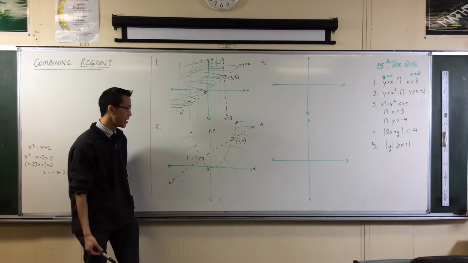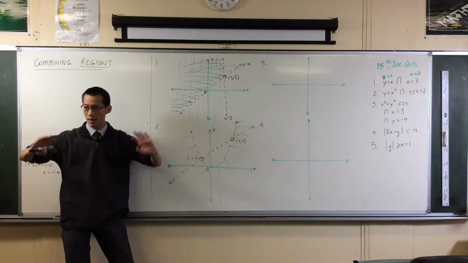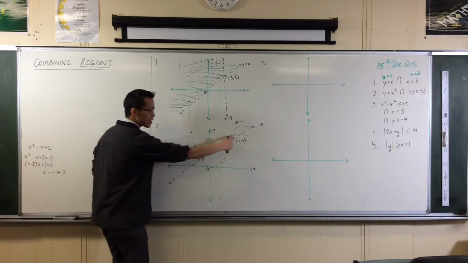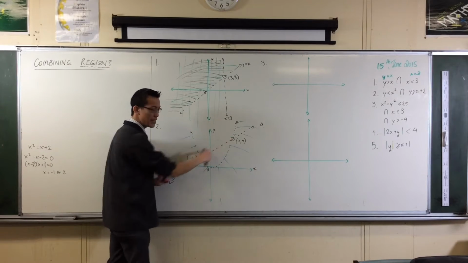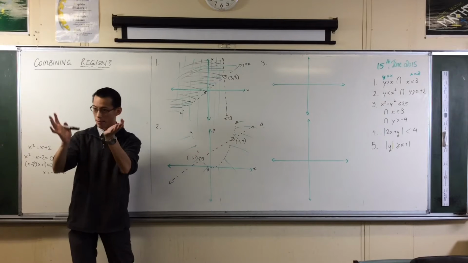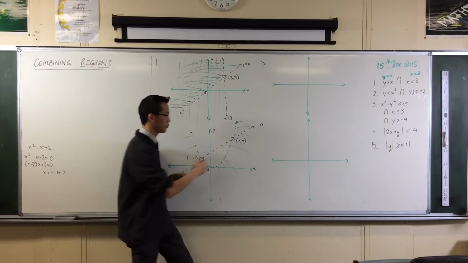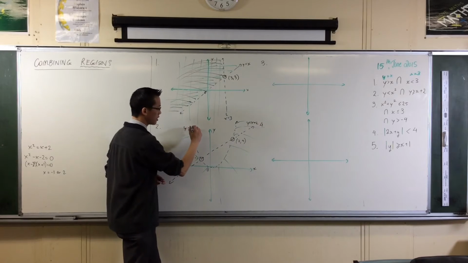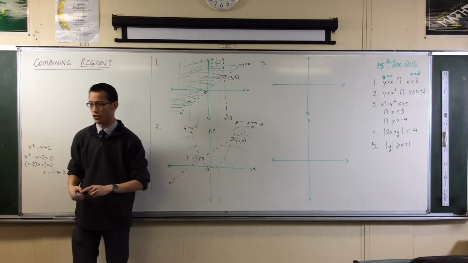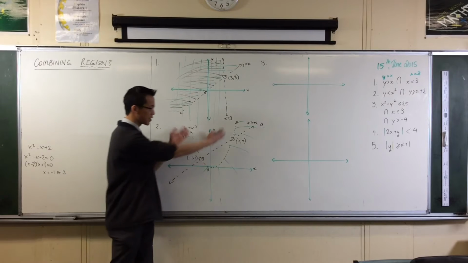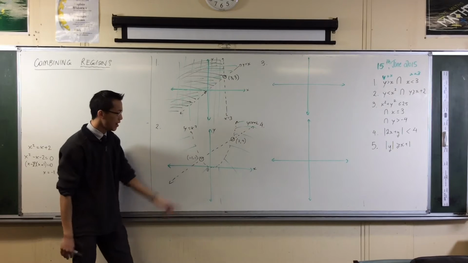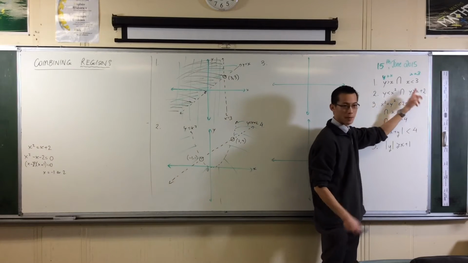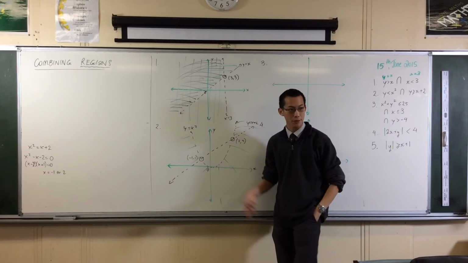And the reason why is because you can see immediately, without me having done any working, that this part in here, inside, or should I say above the parabola, that portion of y equals x plus 2 is already excluded from the region. Can you see that? Because it doesn't satisfy this green part that I've shaded. So it can't be included.